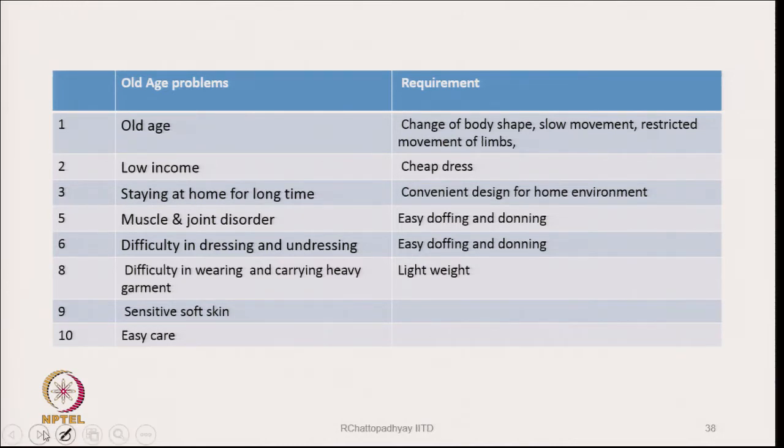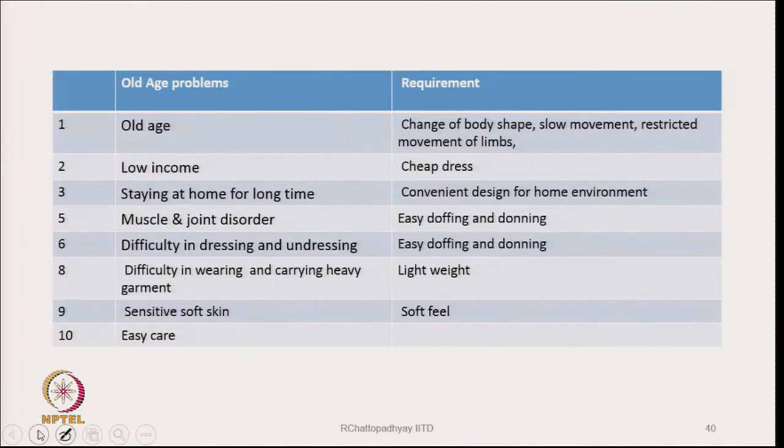Next, sensitive soft skin. Therefore, what do we need? A soft feel garment is required, a garment which is not going to abrade the skin, otherwise it will create a lot of rashes. So, a soft feel fabric is what is required.